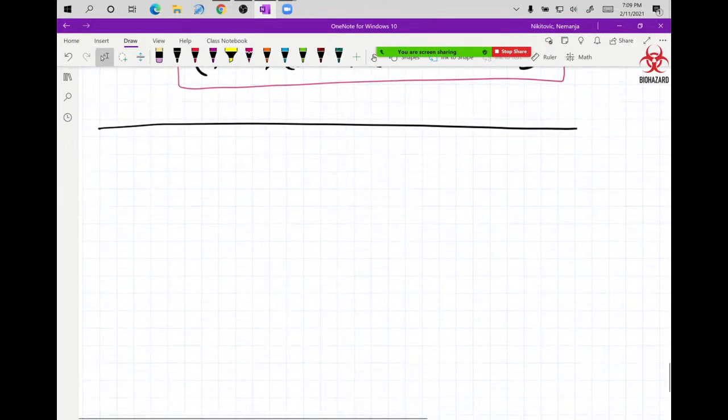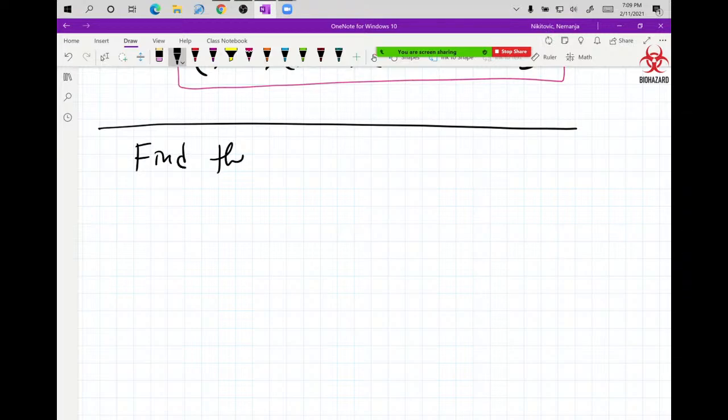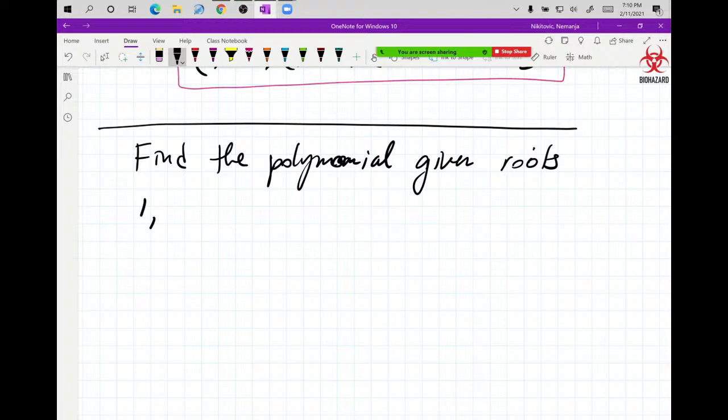The problem says: find the polynomial given roots, I lost the problem now. Hold on. It's not 1.